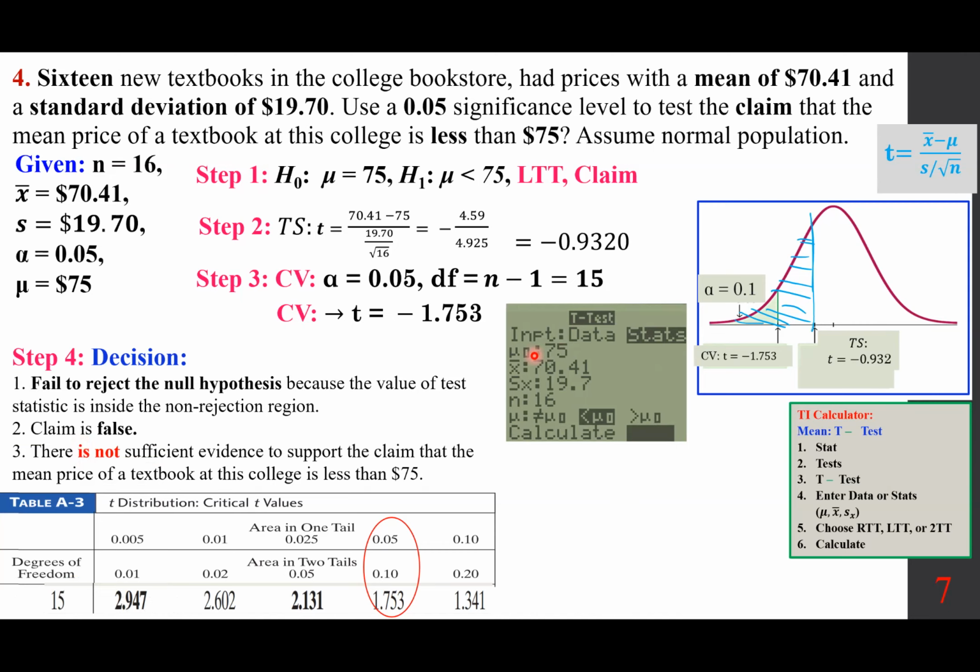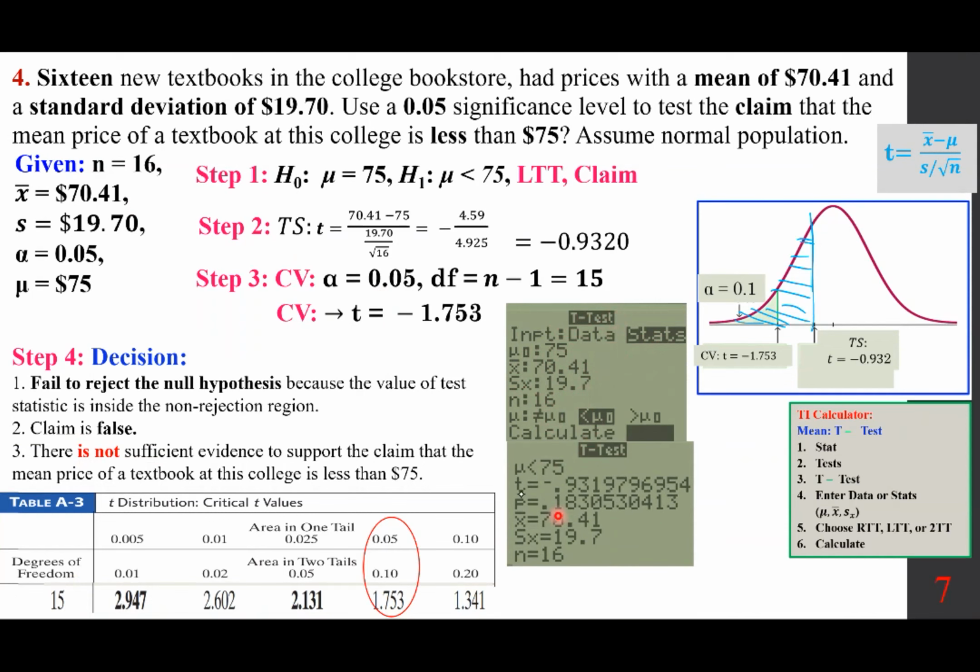So we put the information: mu is 75, x bar is 70.41, and s is 19.7, because we are using t-test. N is 16, again, less than. When we do the calculation, this is the information. And notice it gives you the X bar and S and N back. So what are those values? First and foremost, we calculated the test statistic here, didn't we?